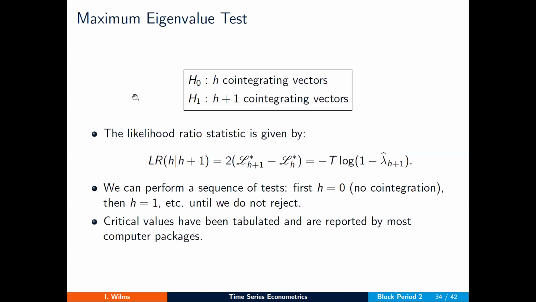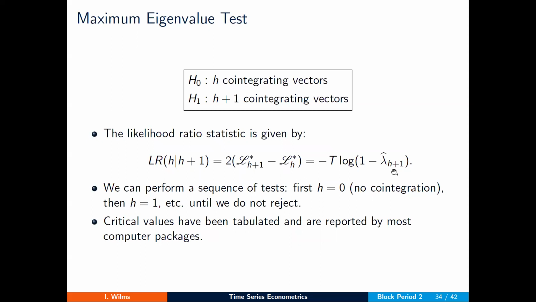So the trace test is the most popular test that is used to determine the cointegration rank, but there is also an alternative one, namely this maximum eigenvalue test. It has the same null hypothesis, but another alternative hypothesis, namely that there are H+1 cointegration relations. So the test has power against a different alternative. The test statistic would again be given by the difference between the maximized log likelihood for H+1 versus H cointegration relations.